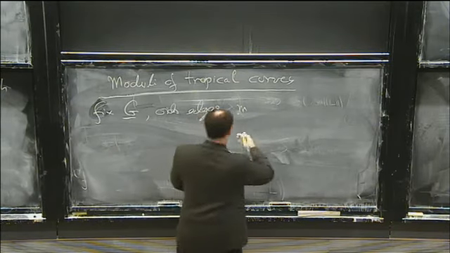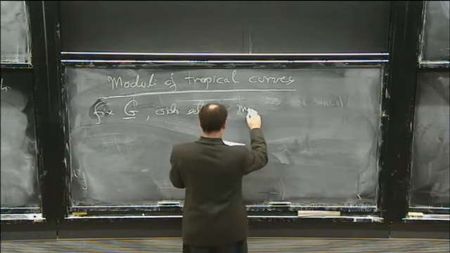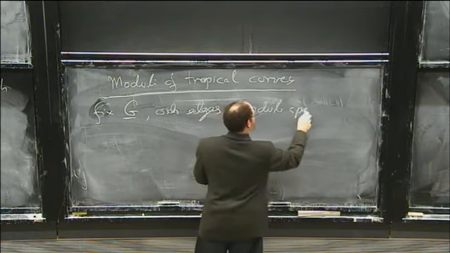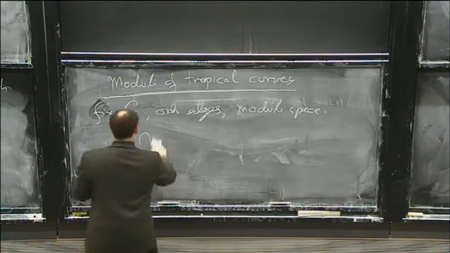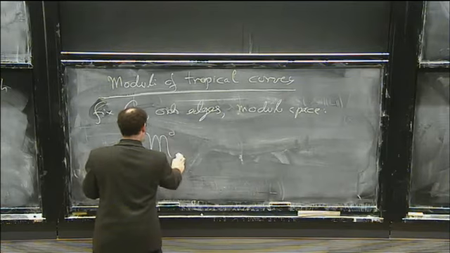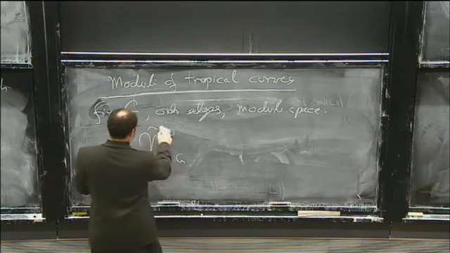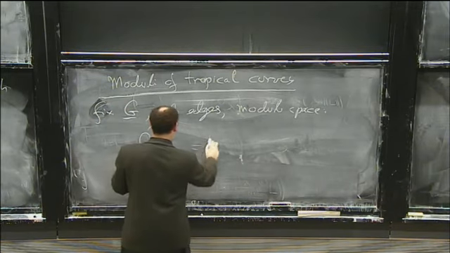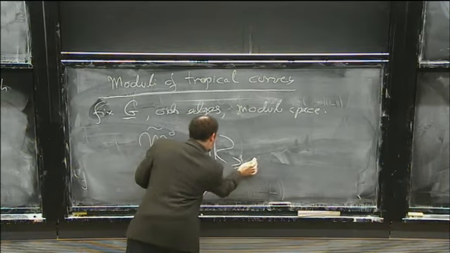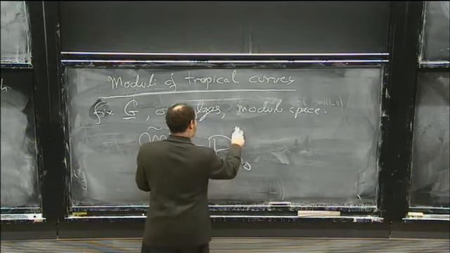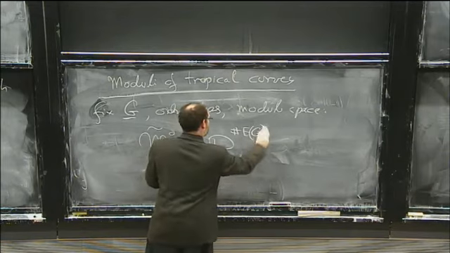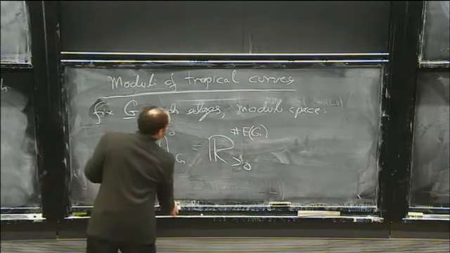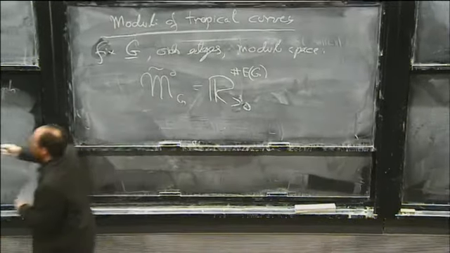Okay, just as one-to-one correspondence. Then I'll call it M0G tilde, where the tilde is just because I'm ordering the edges. That's R strictly bigger than 0 to the power number of edges. So each coordinate corresponds to the length L of e_i.